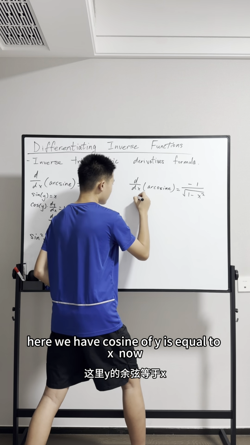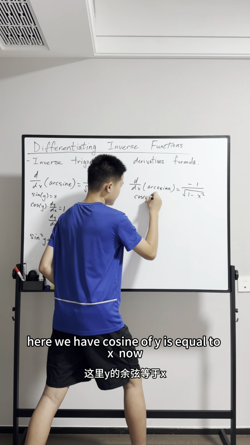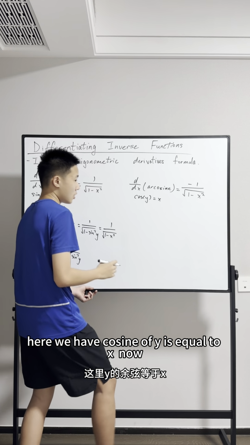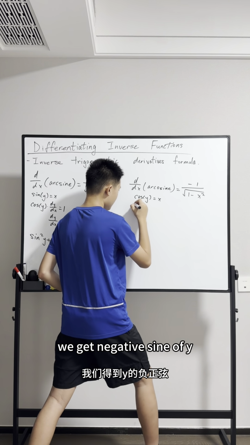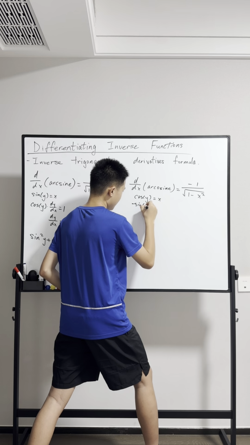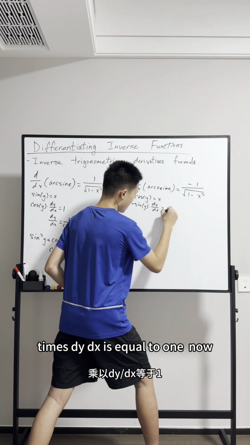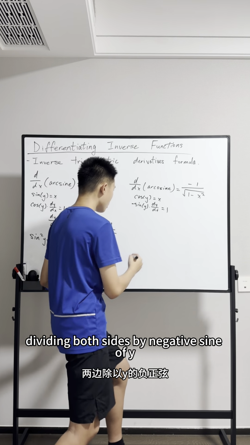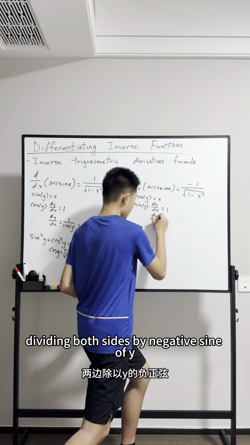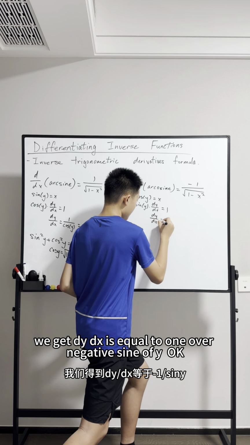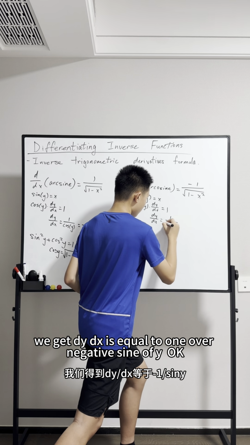Here we have cosine of y is equal to x. Differentiating both sides, we get negative sine of y times dy dx is equal to 1. Now dividing both sides by negative sine of y, we get dy dx is equal to 1 over negative sine of y.